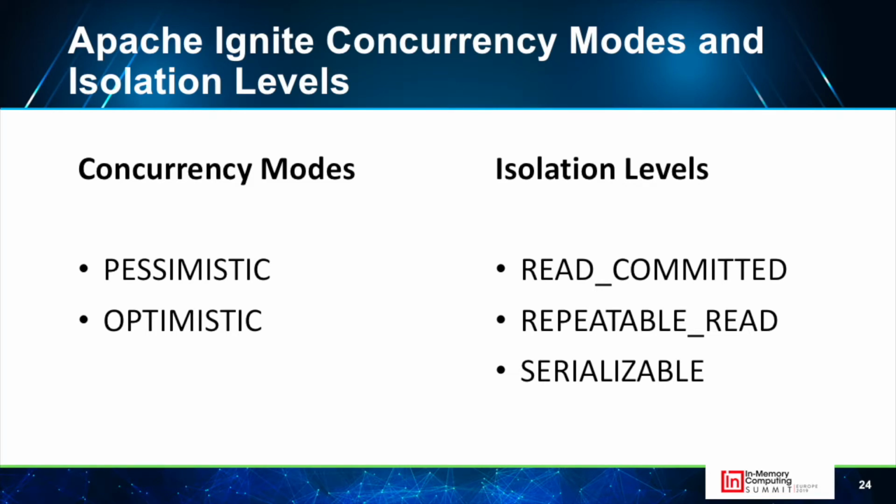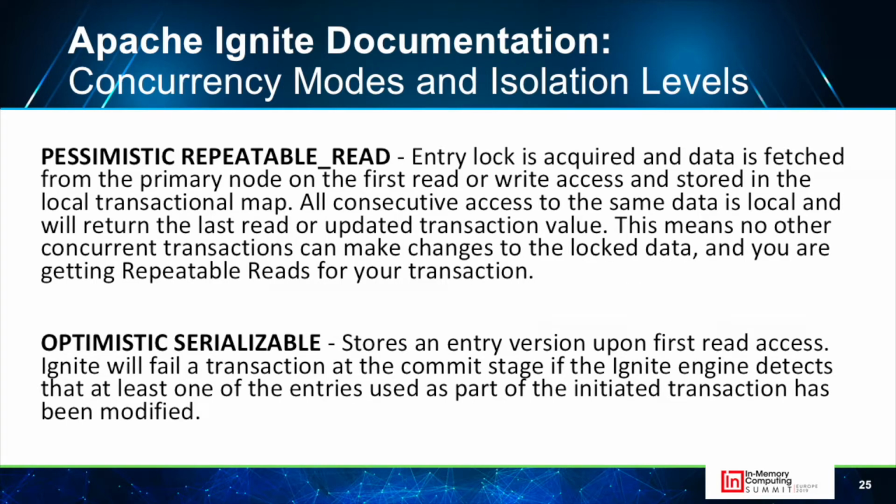Apache Ignite supports 2 concurrency modes and 3 isolation levels. And you can use it with various combinations which may result in different answers. For our particular example, we can choose between pessimistic repeatable read or optimistic serializable.